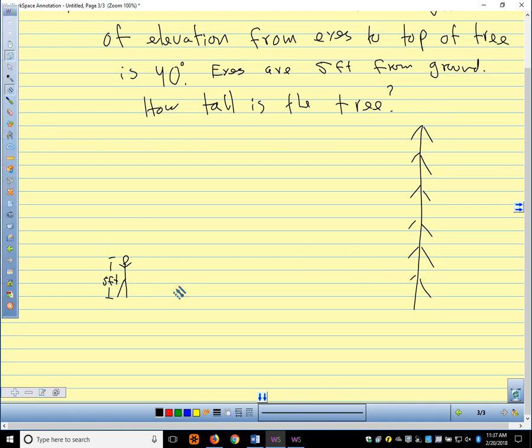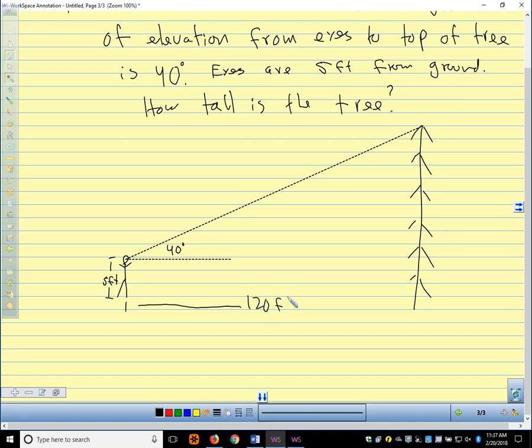It says the angle of elevation from our eyes to the top of the tree is 40 degrees. And we know that we are 120 feet from the tree. We want to know how tall the tree is.